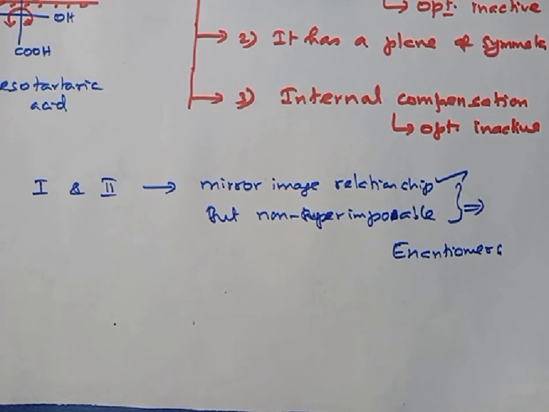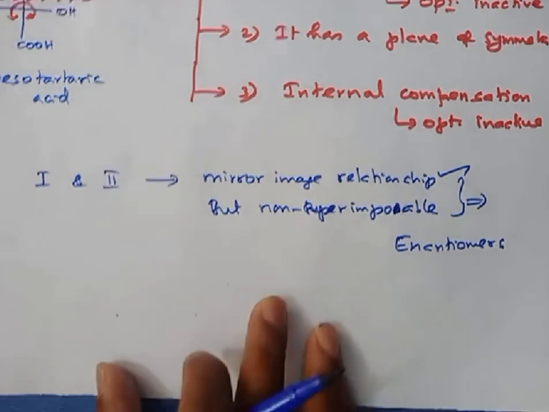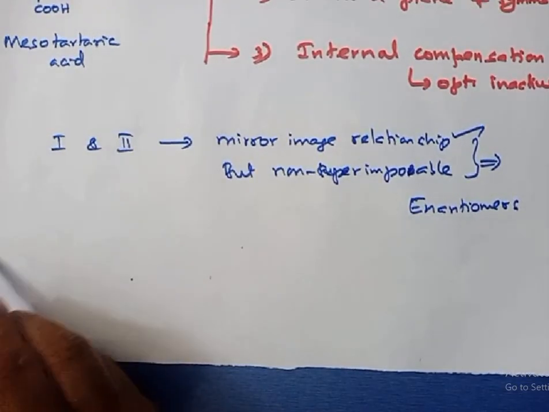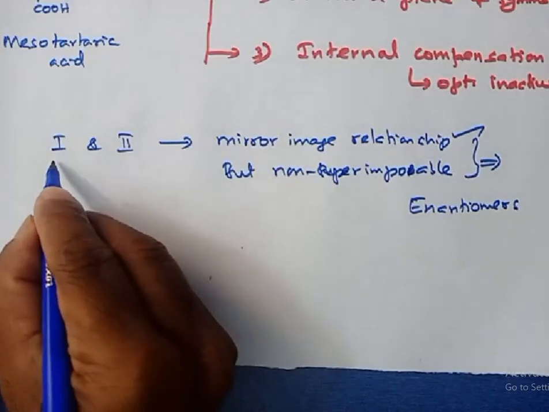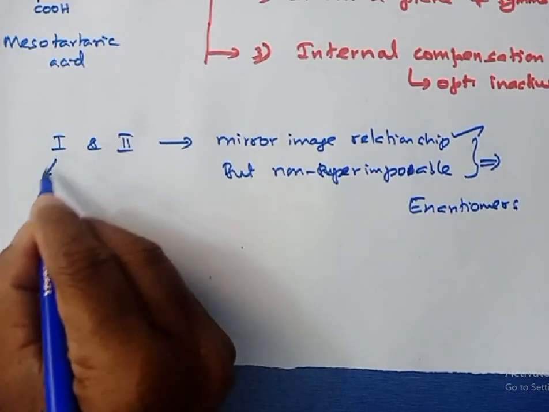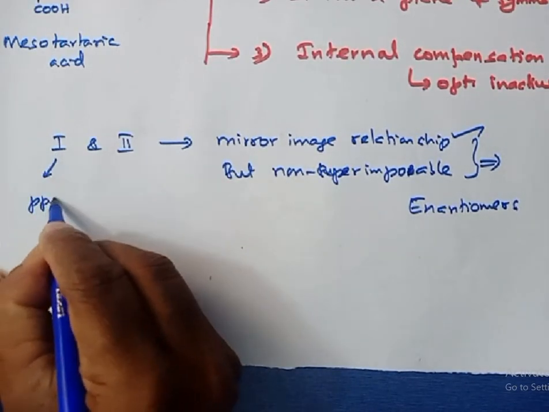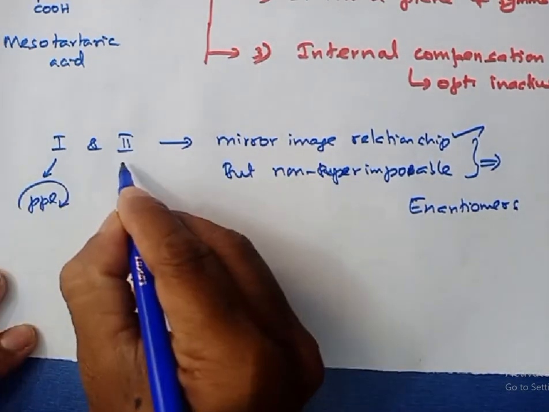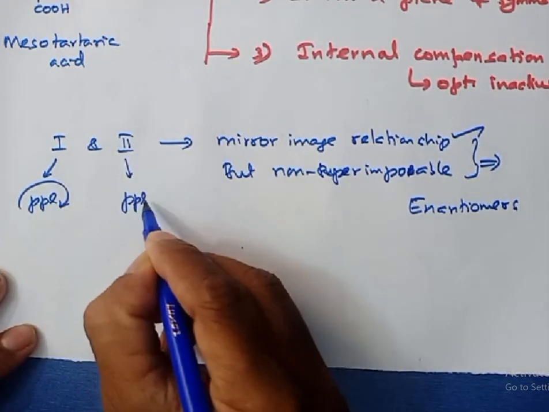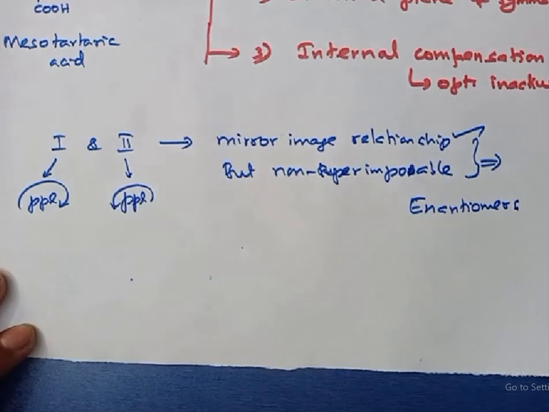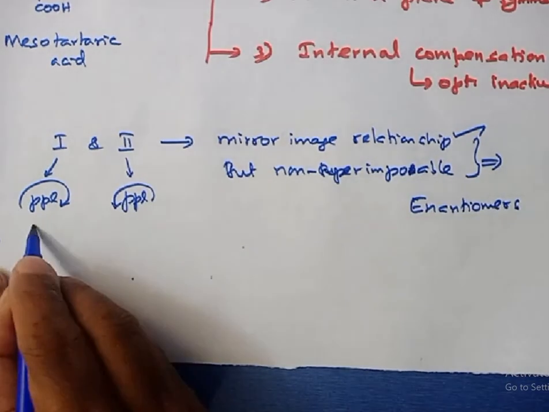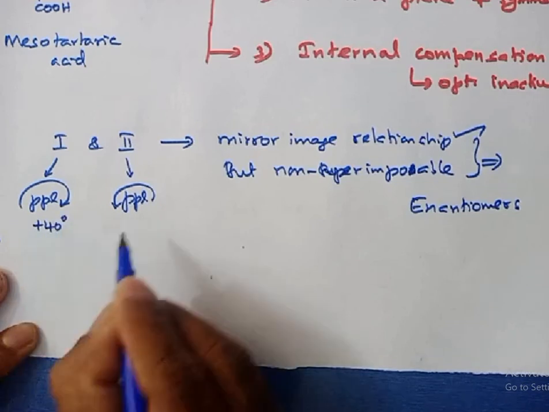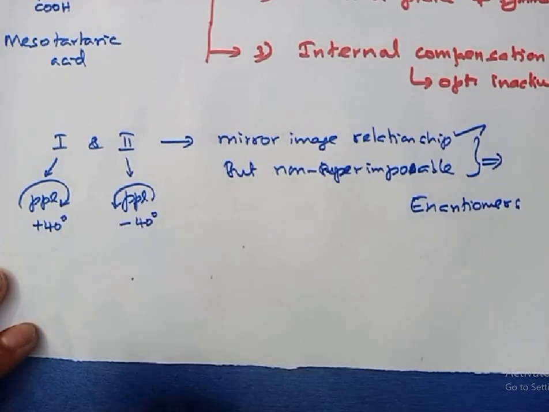Is it clear? Now, enantiomers means if isomer 1 rotates the plane polarized light clockwise, then isomer 2 will rotate the plane polarized light anti-clockwise to exactly the same extent. Same extent means if it rotates plus 40 degrees clockwise, then this will rotate minus 40 degrees anti-clockwise.